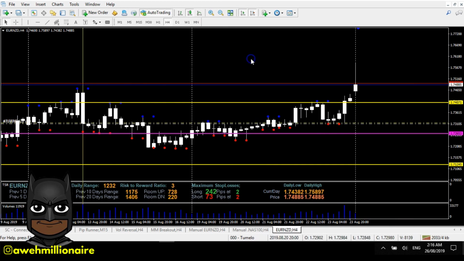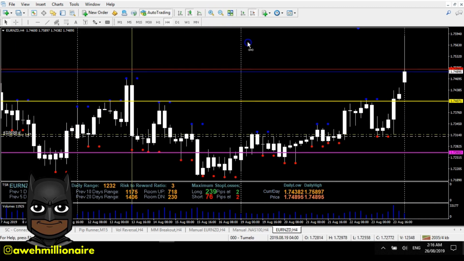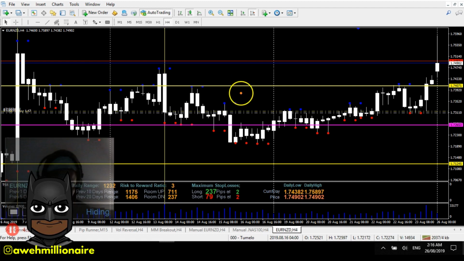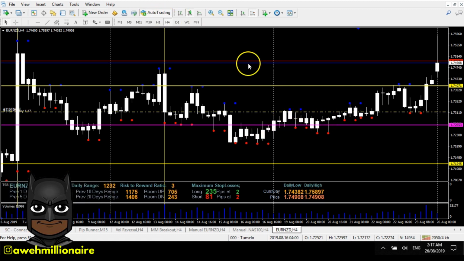It broke the level, but failed to continue to go test the demand zone. The momentum failed, and price started to slowly reverse back up. As it slowly started to reverse back up, I started to look for clues of the volume to help me validate the price action.